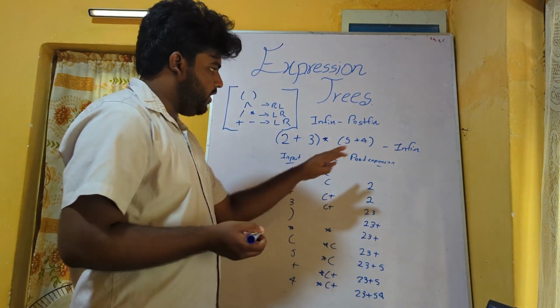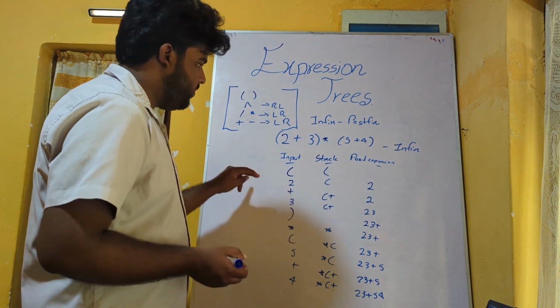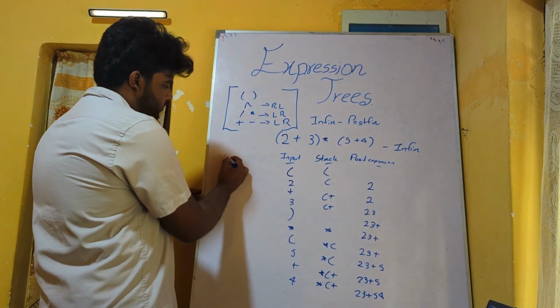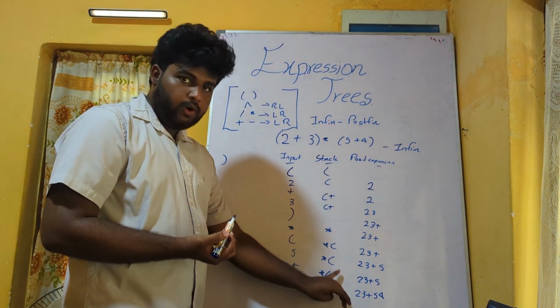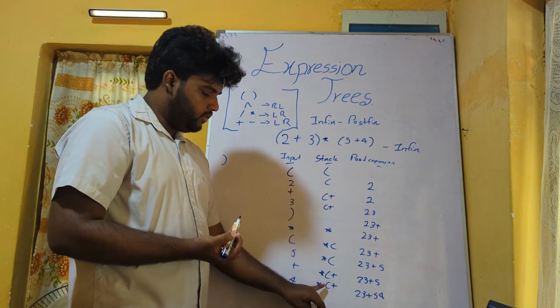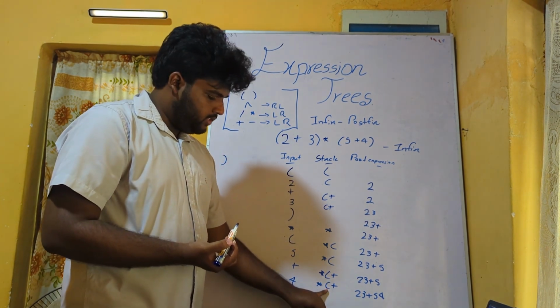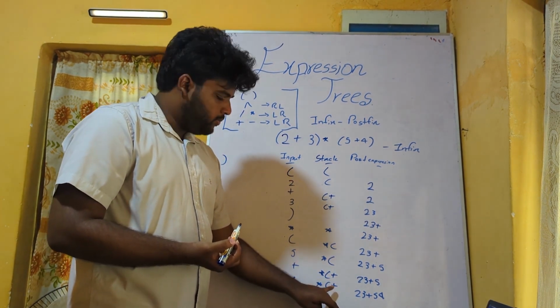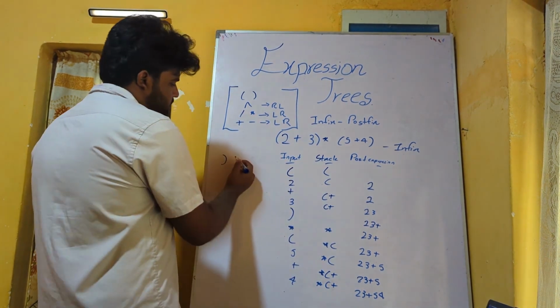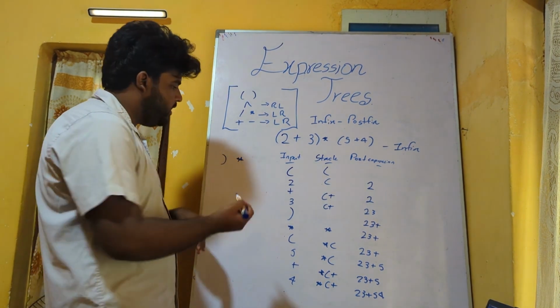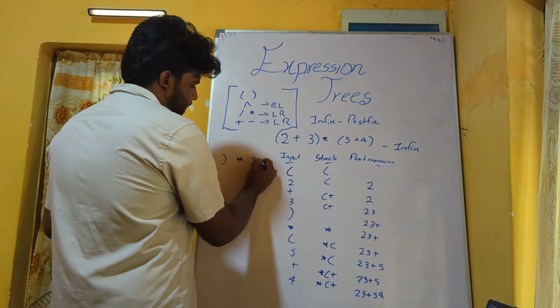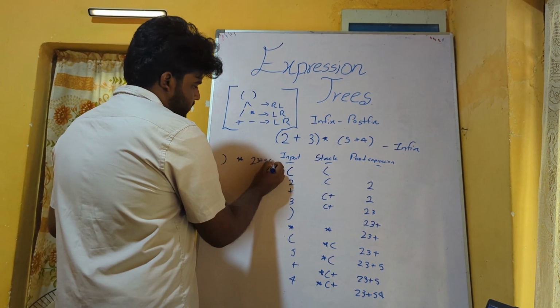And then I have the closing parenthesis. So I need to pop all the operators until I find the opening parenthesis, which is here. That means I have to pop this addition. So my stack is going to be like this, and my expression is going to be like this.